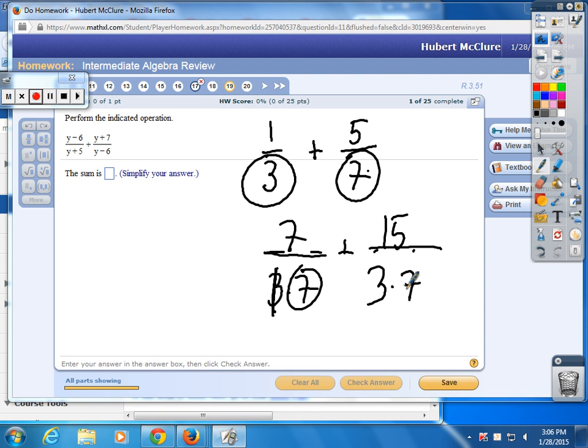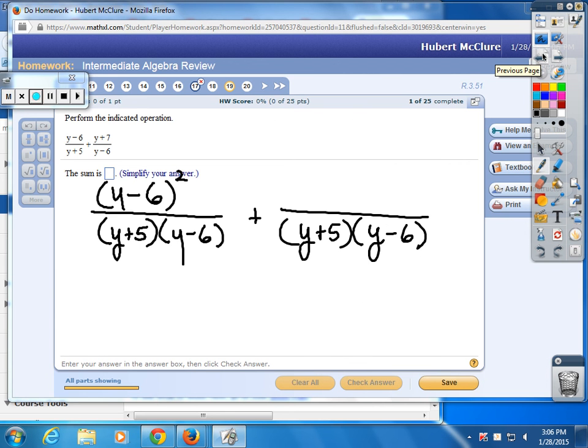Seven will go into this how many times? 3 times. Y minus 6 will go into this how many times? Y plus 5. Y plus 5 times y plus 7 is y plus 5 times y plus 7.